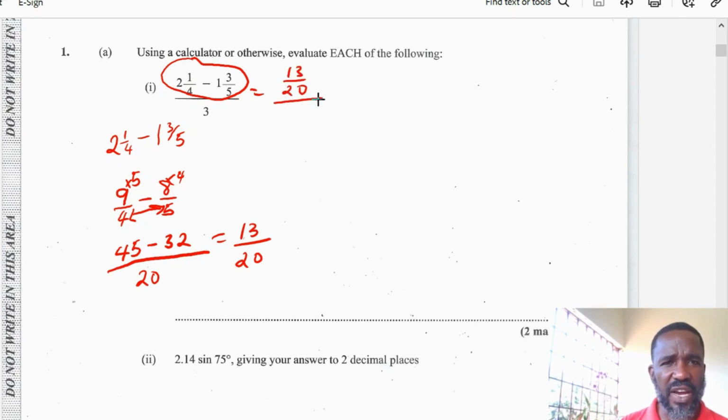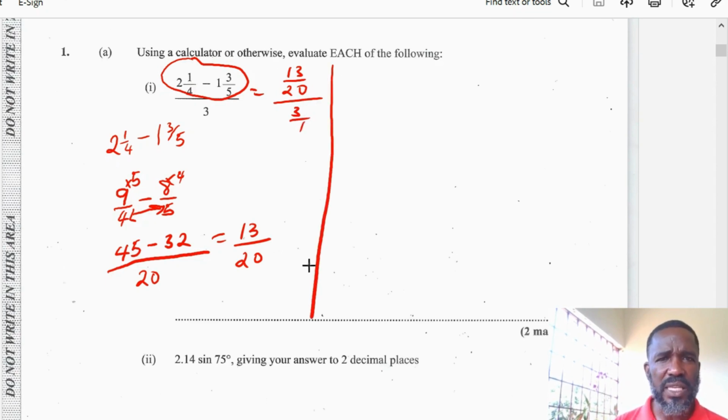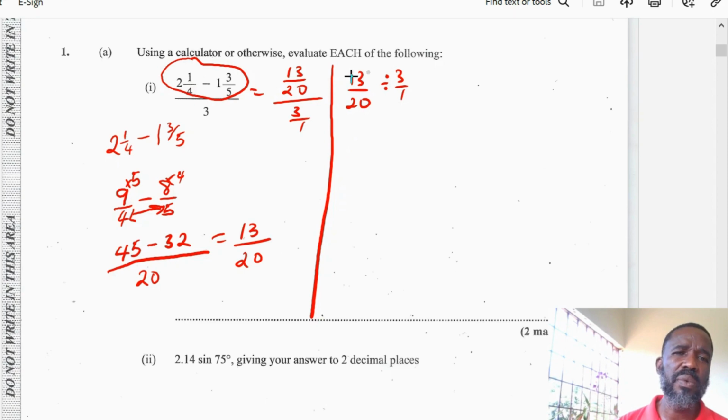So the top is actually equal to 13/20 divided by 3/1. When we have a fraction divided by a fraction, what do we do? We keep the first fraction, change the sign, and flip or reciprocate the second fraction. So it's keep, change, flip.